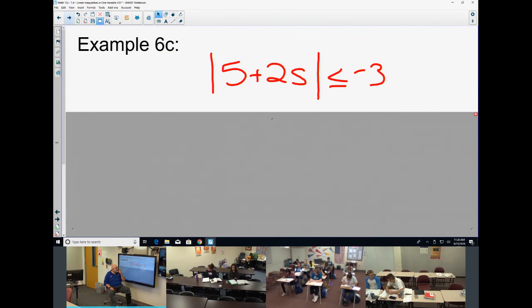All right, now let's look at this one. Before I break this down, I want you to look carefully at this. If I were to say, like I did when I solved the equations, what has an absolute value less than or equal to -3?